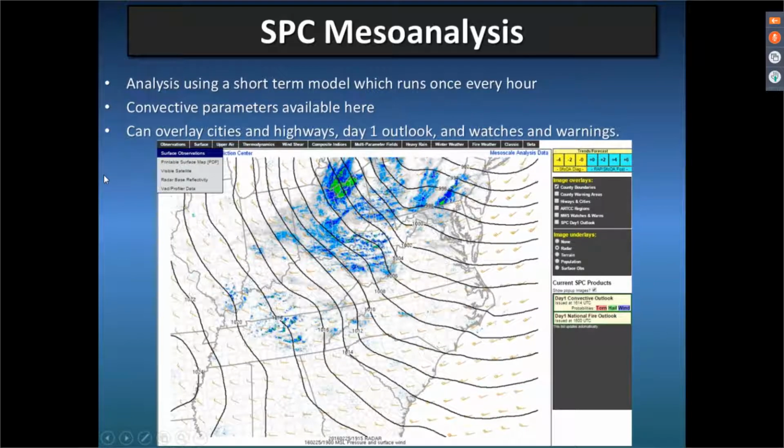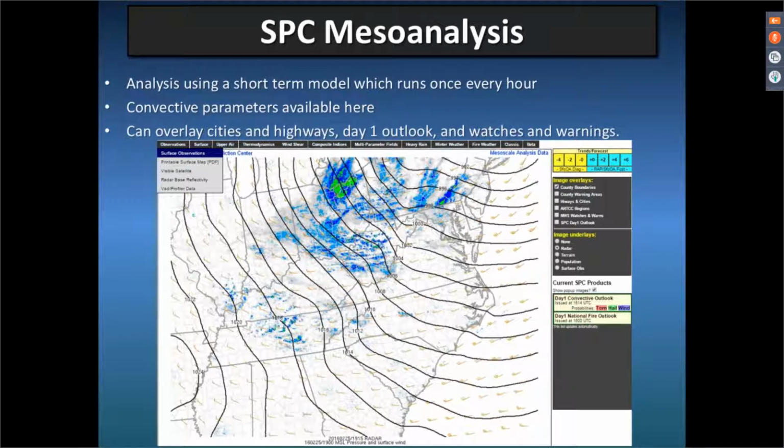Another great thing on their website is their meso analysis products. And this is basically a short-term analysis of all the different severe weather and winter weather parameters that we use in the Weather Service all across the country.